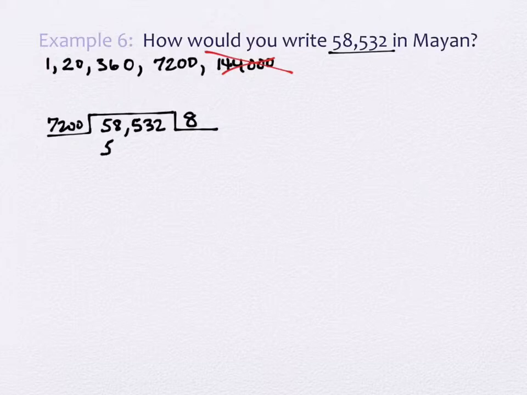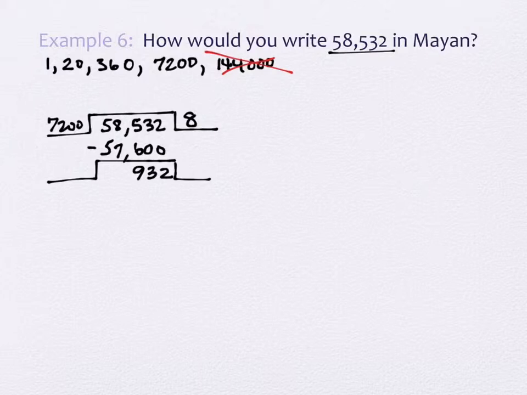And what is 8 times 7,200? 57,600. Okay, and then we subtract. So what do we get when we subtract here? 932. Now I mentioned last time that the next divisor will be the next one no matter whether it goes in or not.